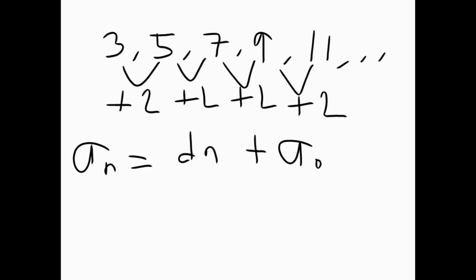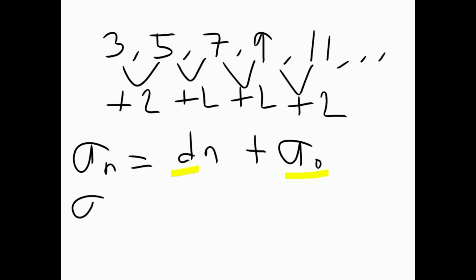Okay, so d stands for the common difference. Then a sub 0 is the term before the first term. Later we will understand what this is. Okay, so let us try to solve for the explicit formula.